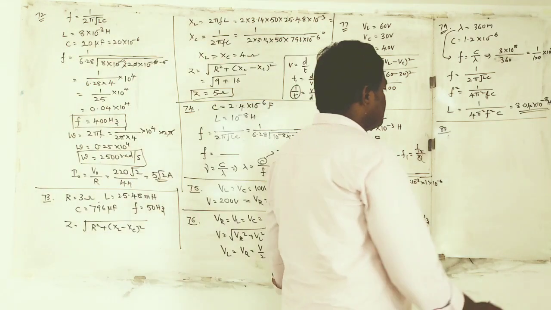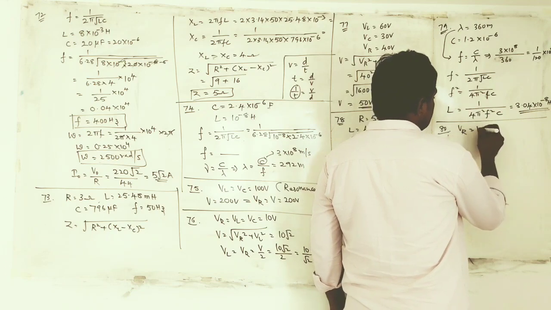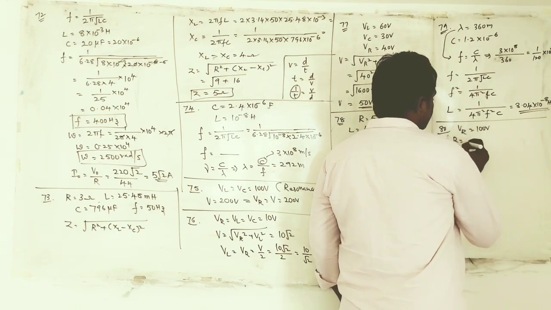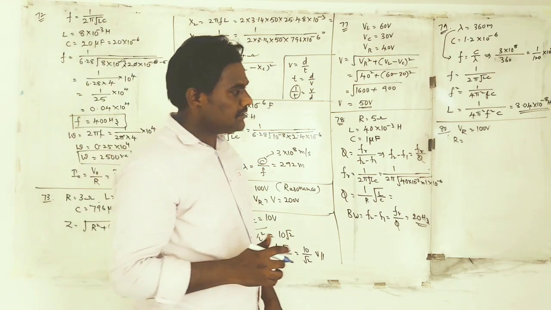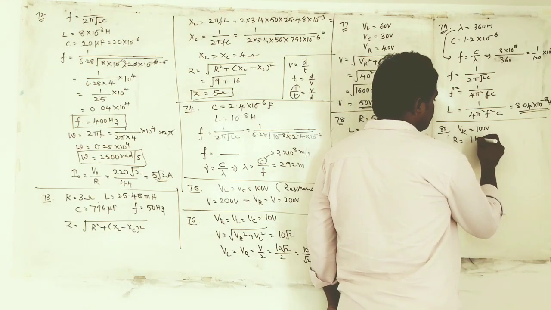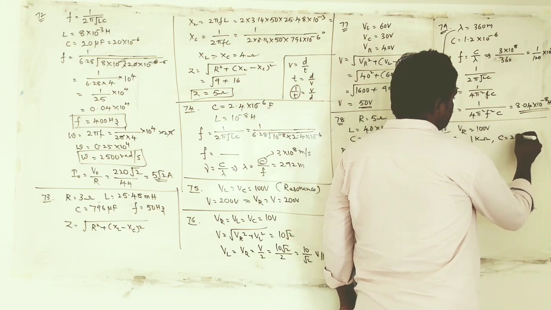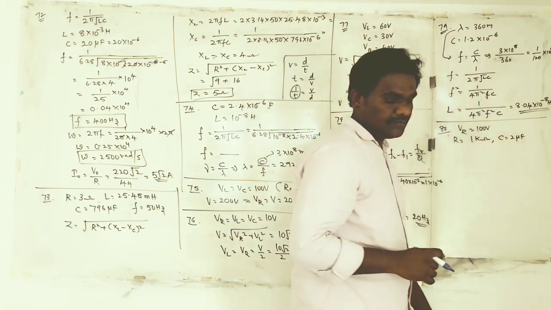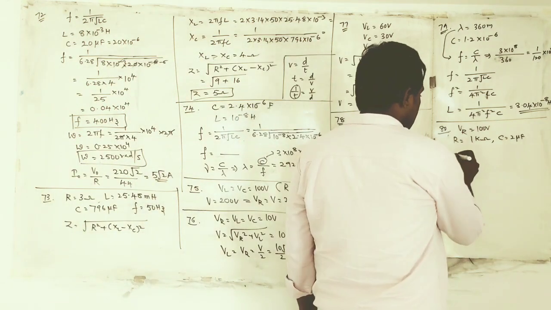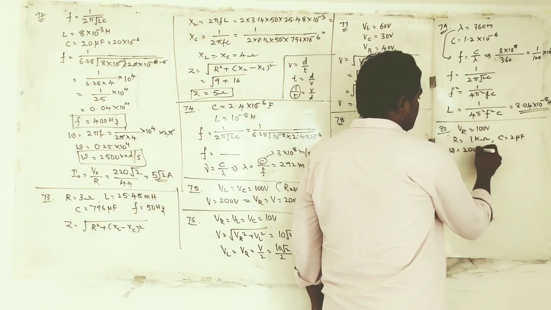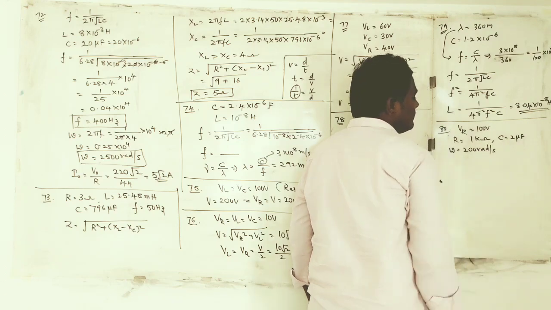The voltage across resistance is given as 100 volts at resonance. R is equal to 1 kilo ohm, C is 2 microfarad. Now, what is omega they have given? The resonant frequency, nothing but omega, is given as 200 radian per second.